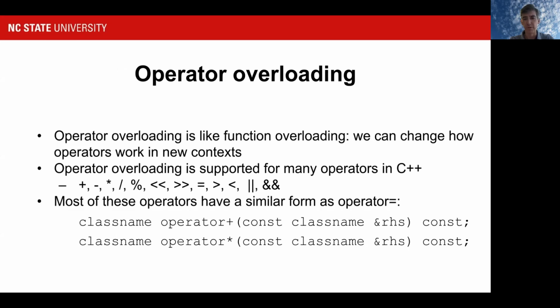Most of these operators can be implemented in a similar form as operator equals that we've already seen, which probably looked like a weird special case to you before, but actually operator equal is just one of the many operators that we're allowed to implement. Operator equal is a special member function, so it has a special place in the pantheon of operators, but there are all these other operators that we can also overload in the same way and use in our code.